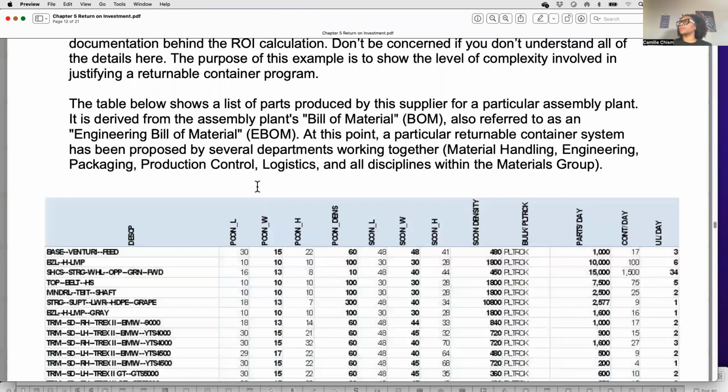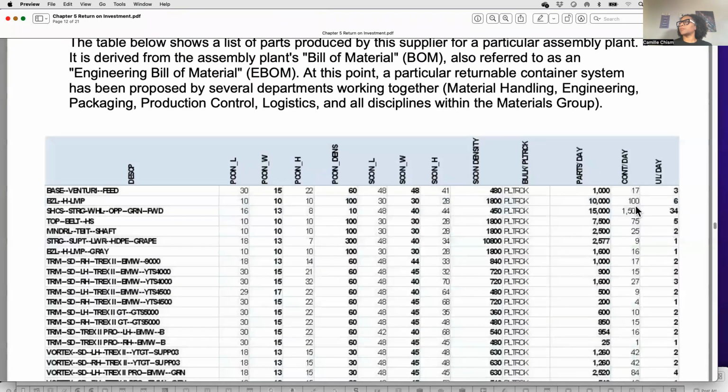So again, you can see here, it tells you the number of containers per day. This one is 100. So basically they took the 10,000 here, divided it by the density to get 100, and then unit loads per day.